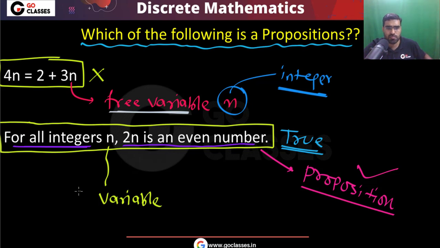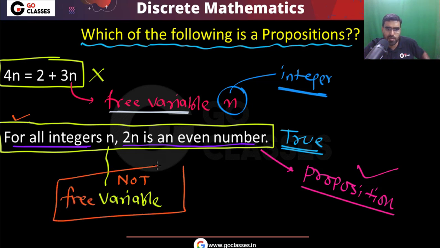So what is the reason? What is the difference? Let me tell you. In this sentence, there is no free variable. This n is not a free variable. Please understand. This sentence is talking about all integers.